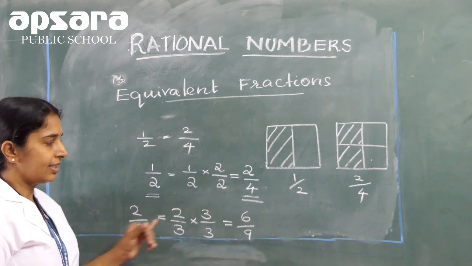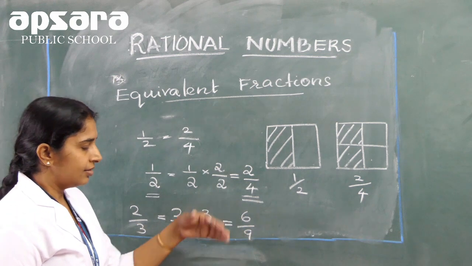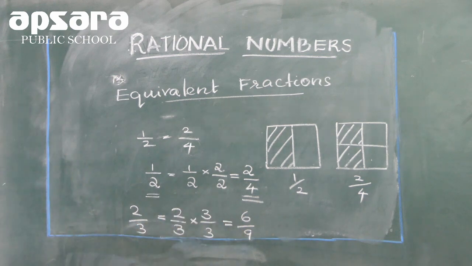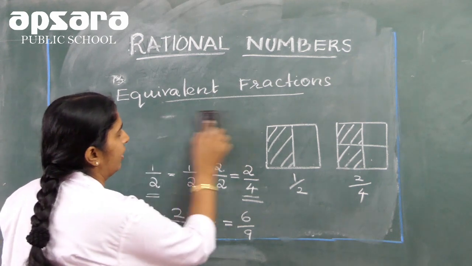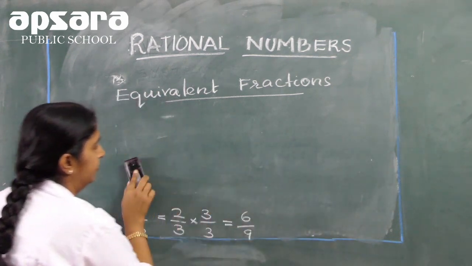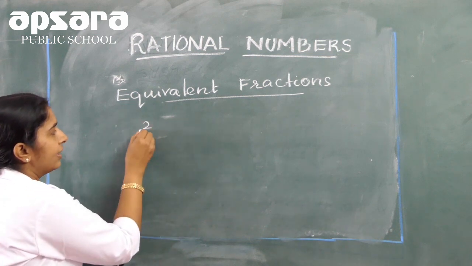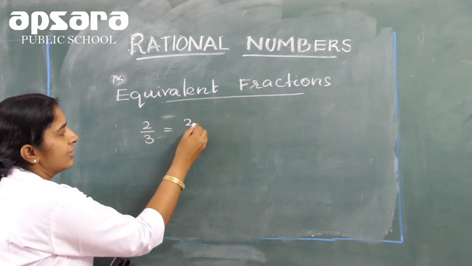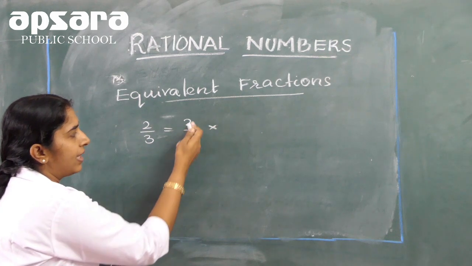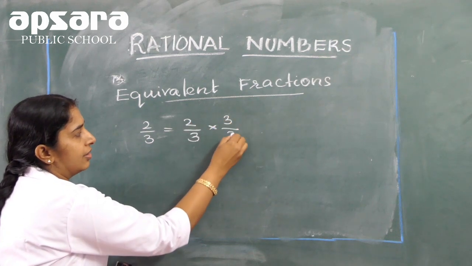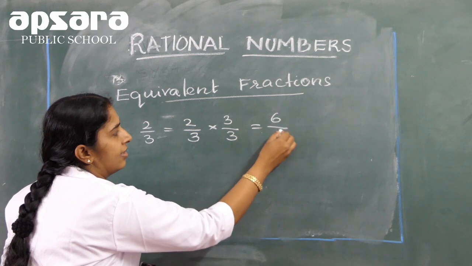So 2 by 3 is equal to 6 by 9. Now we got that 2 by 3 is equal to 6 by 9 by multiplying 2 by 3 with 3 by 3.